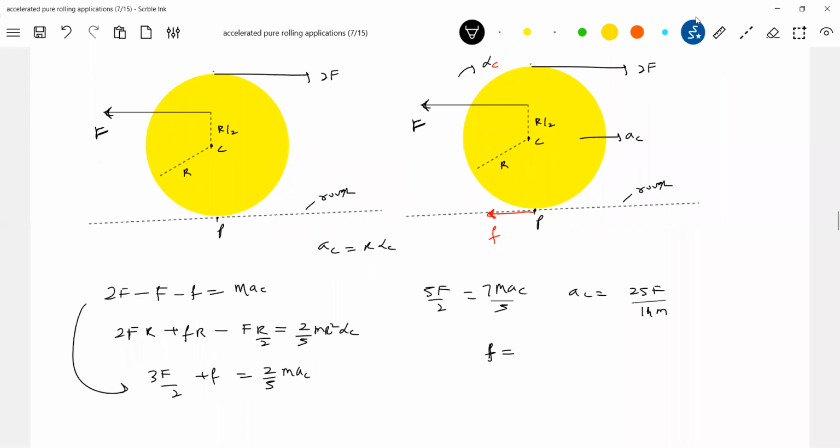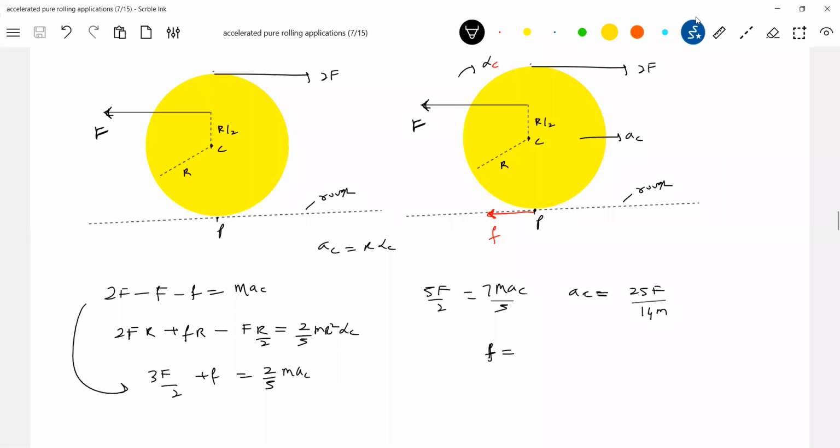Anybody value f? Value for friction? Oh, this will be 7F by 2, no?